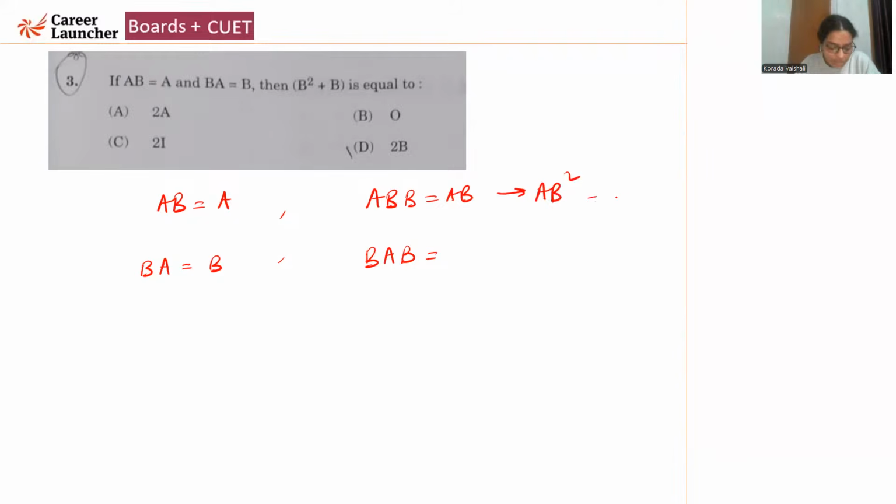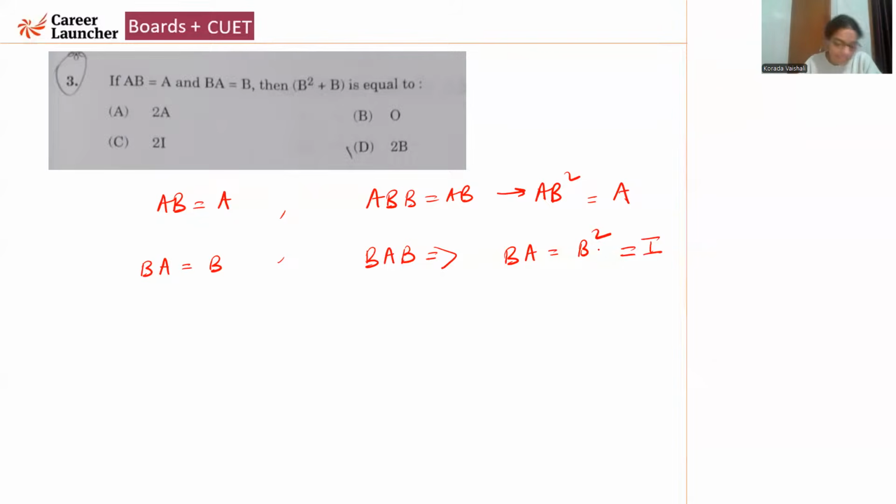So this will give us the expression that AB square is equal to how much? AB is A. And similarly here, AB is again, considering the same fact, going to be A, or you can also consider BA is equal to B. So this is going to be BA is equal to, eventually the final expression is going to be B square. So it means that B square is equal to identity when you solve this expression a bit.